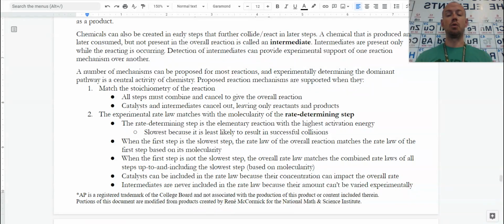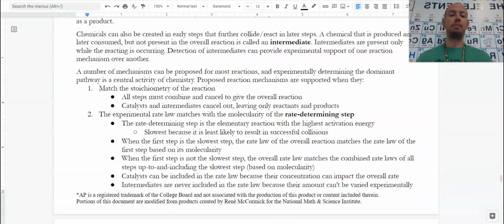Maybe there's something with the orientation. Maybe it's termolecular and you got to get 3 molecules just right. But it is the least likely to result in a successful collision. We don't necessarily know that by looking at the reactions, and that's where it comes back to matching the data.